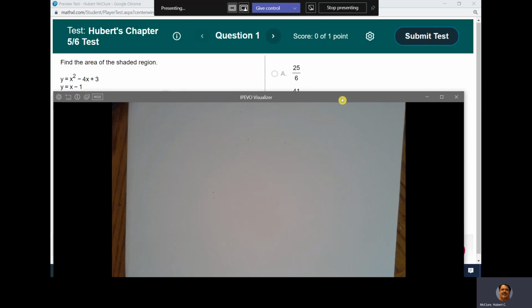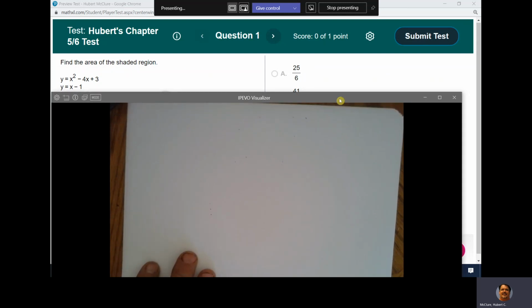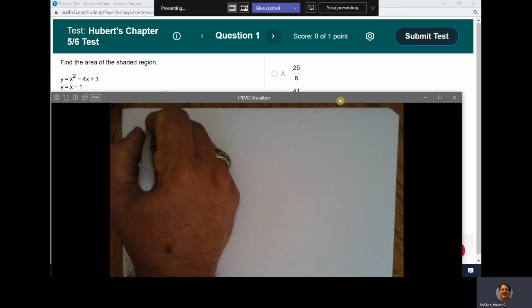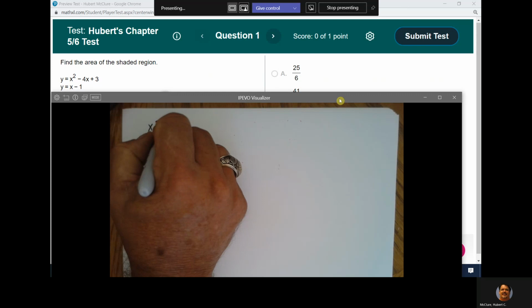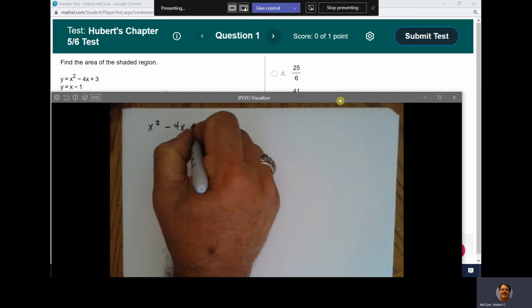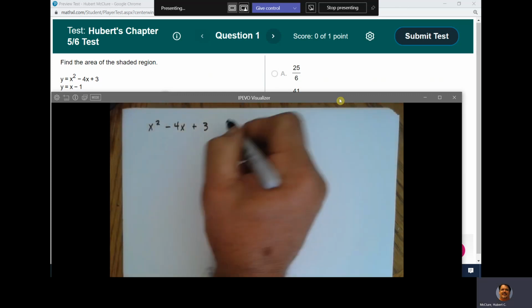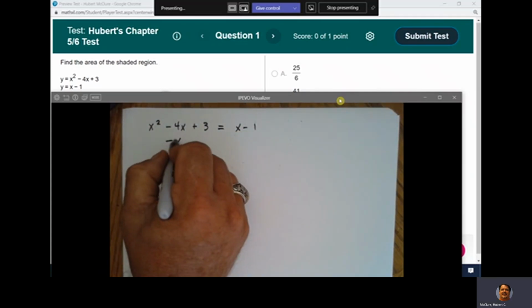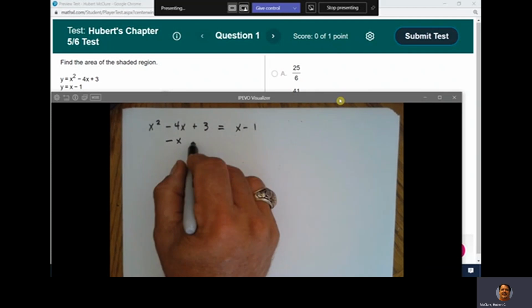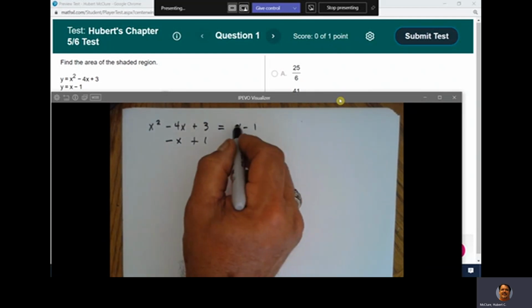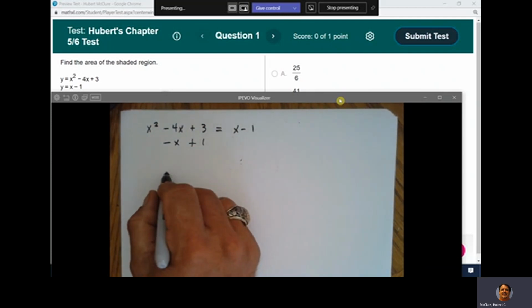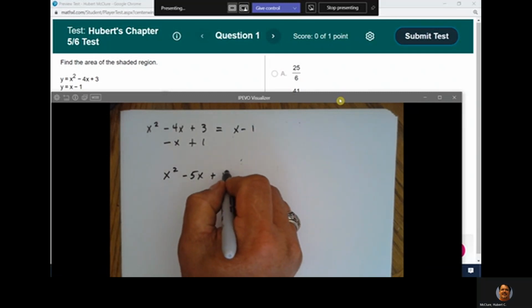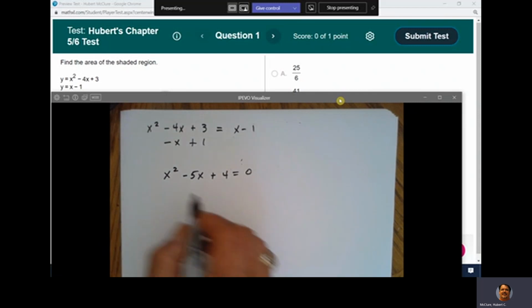Now you can do this in the calculator. You can find their intersection points in the calculator, however you want to do it. x squared minus 4x plus 3 is equal to x minus 1. Bring that over: x squared minus 5x plus 4 is equal to 0.